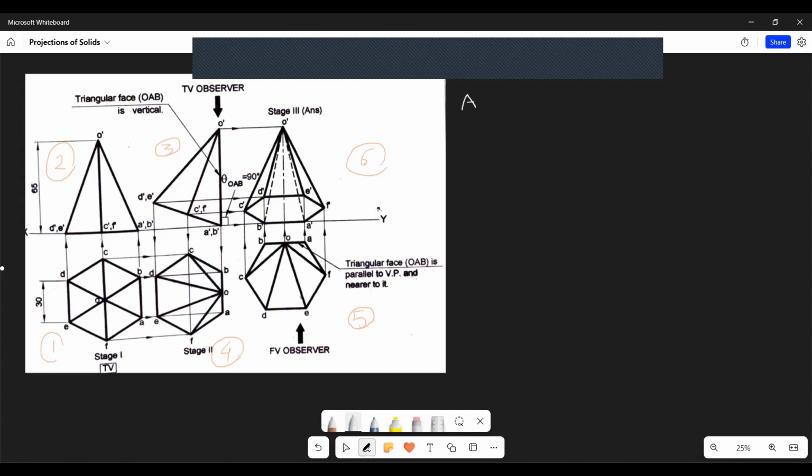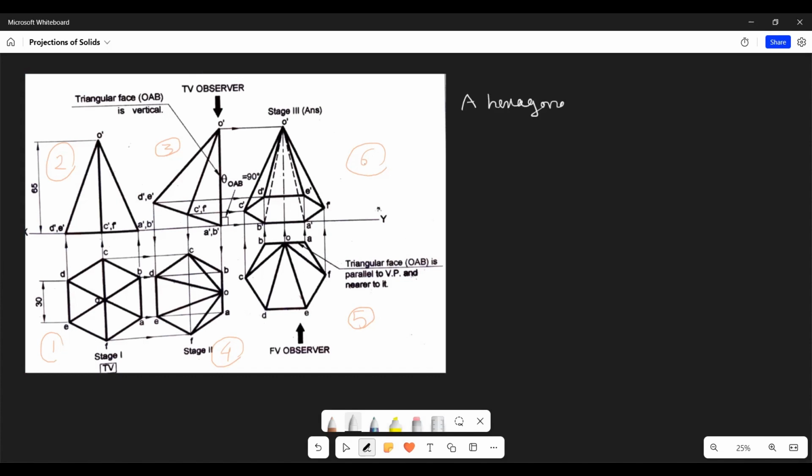I can write a hexagonal pyramid. What are the dimensions?